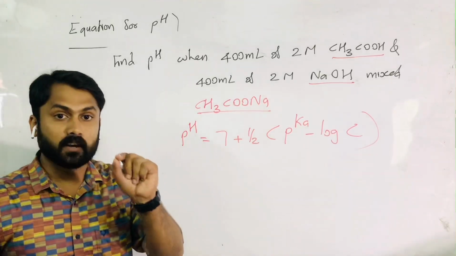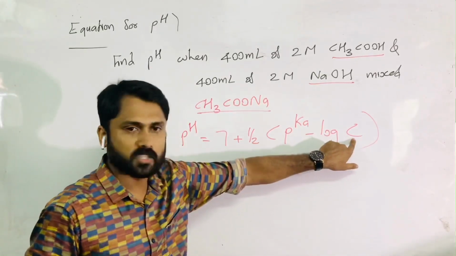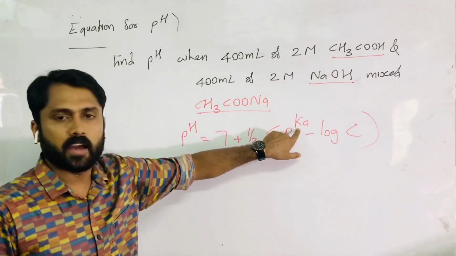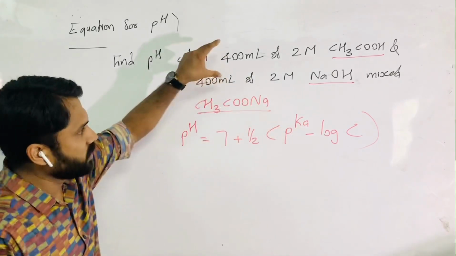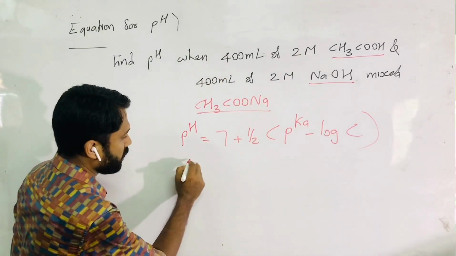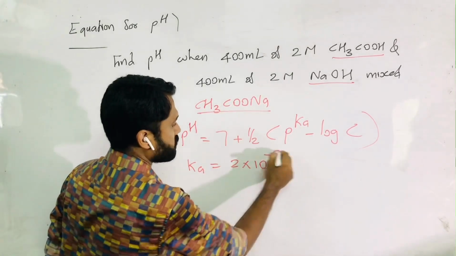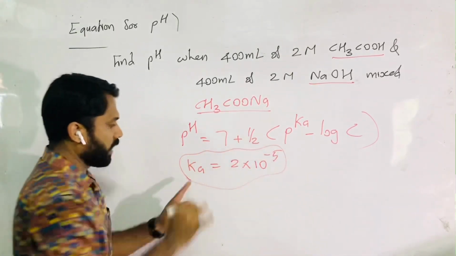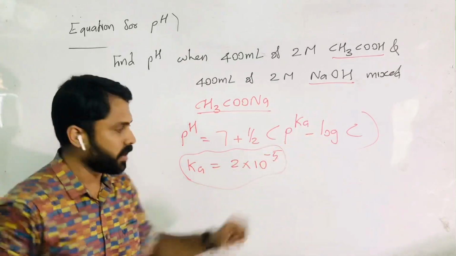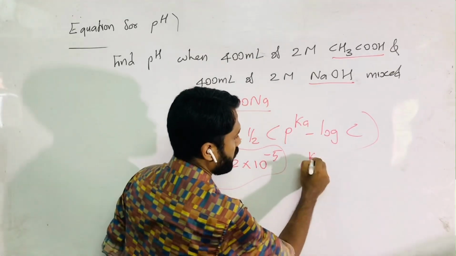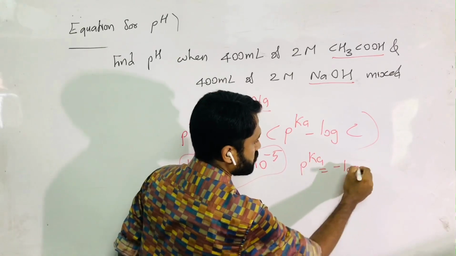That is the concentration of salt, and Ka is the ionization constant. In this question, Ka is given as 2 into 10 raised to minus 5. We have to calculate pKa first. How? Minus log Ka.